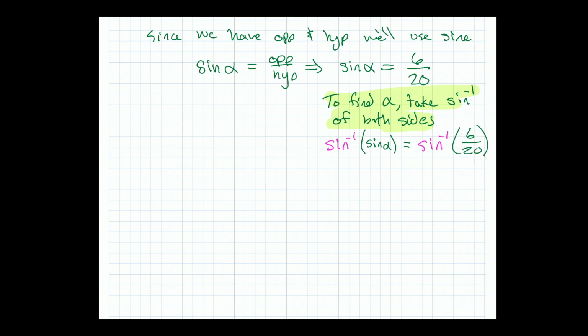Now when you do sine inverse of sine alpha, they cancel out, because they're inverses of each other. So you're just left with alpha, and then you have sine inverse of 6 over 20, which you're going to use a calculator for.